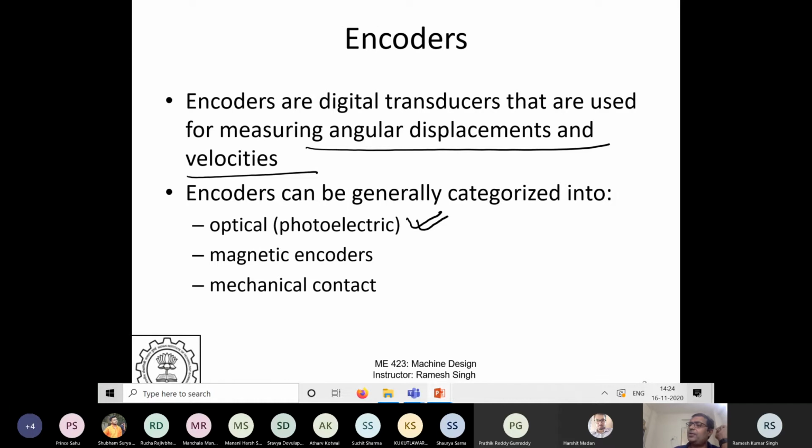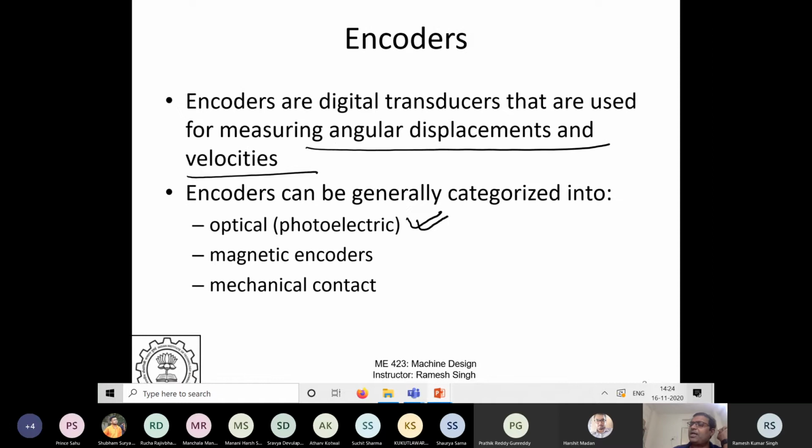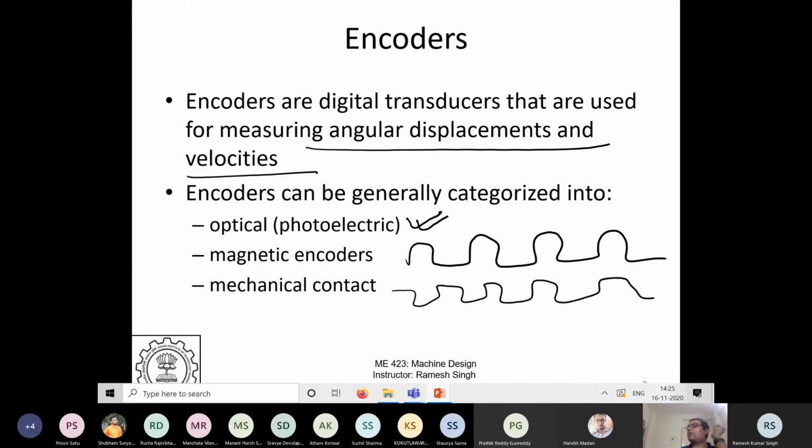Or I can use a magnetic encoder. A magnetic encoder gives me magnetic fields and gives me pulses again as I pass that field. Or there can be a mechanical contact, where I have bumps and high points. Remember the old school gramophone player?